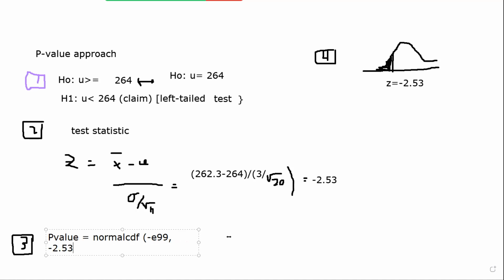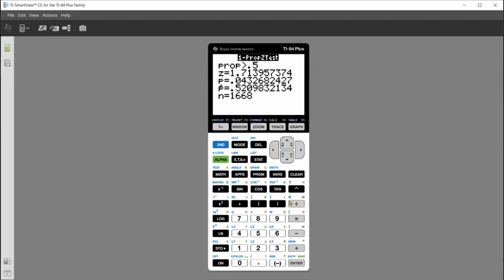Now we're going to go to our calculator. We've done this before. Pull it up and find the p-value. P-values are usually rounded to 4 decimal places, okay? So we're going to plug in our Z here. We go second distribution, normal CDF, number 2.